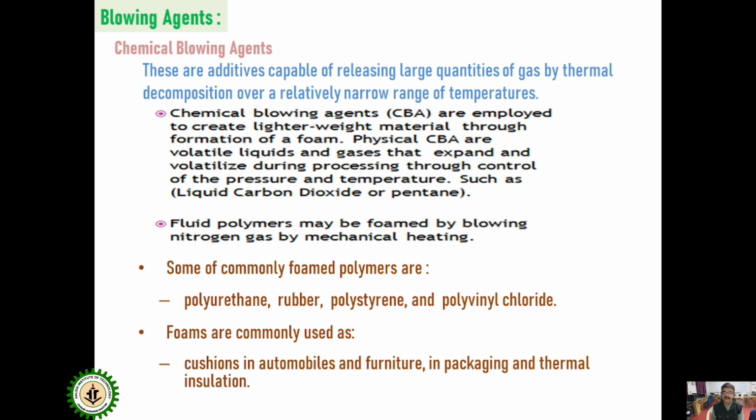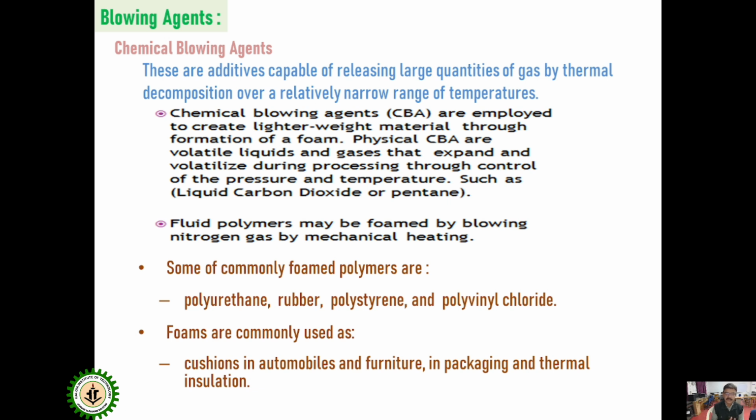Blowing agent is another important ingredient. Blowing agents are utilized for making foams, so that they create some air pockets inside the polymeric matrix. The floppy kind of polymeric material is produced by using the blowing agent.